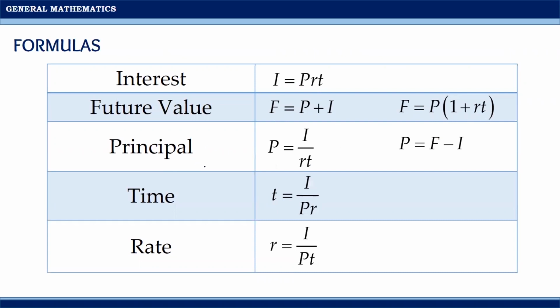For the principal, we also have two formulas: P equals I divided by RT, and P equals F minus I. For the time, T equals I divided by PR, and for the rate, R equals I divided by P times T. We will now use these formulas in solving some real-world problems involving simple interest.